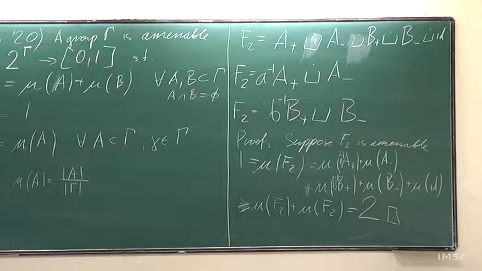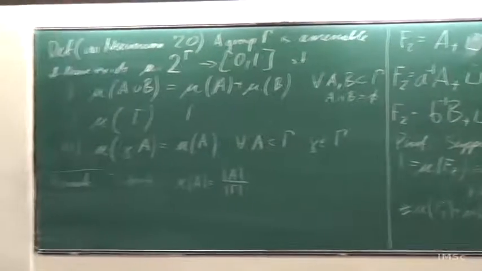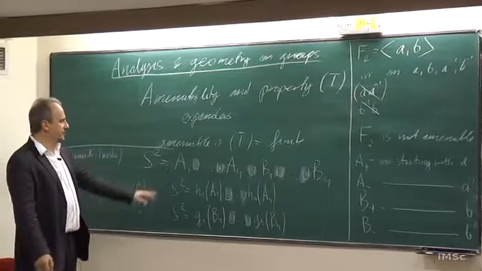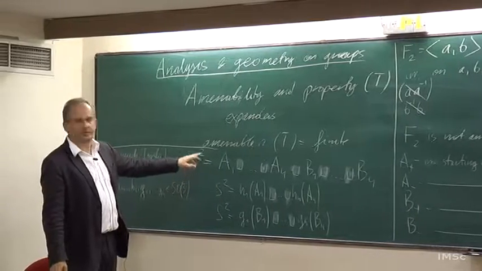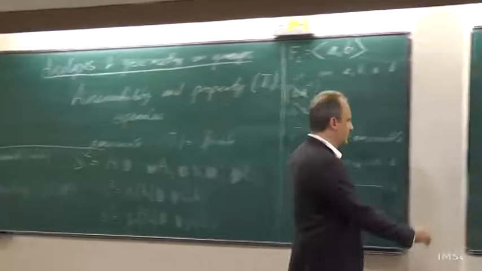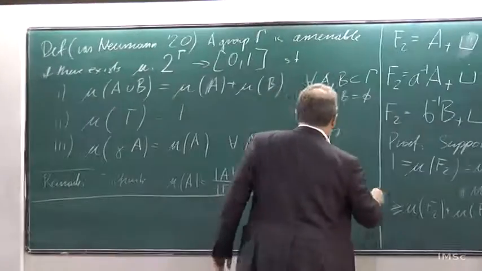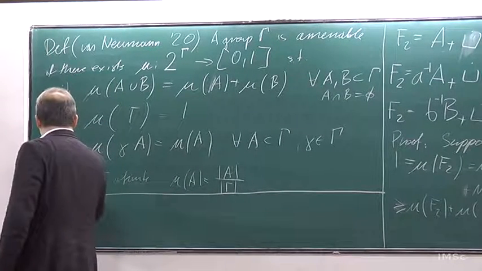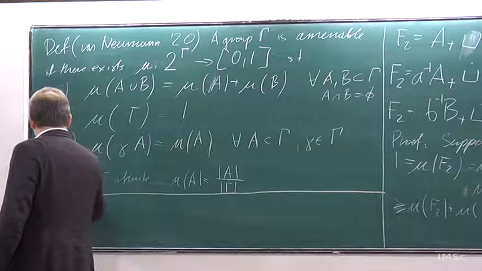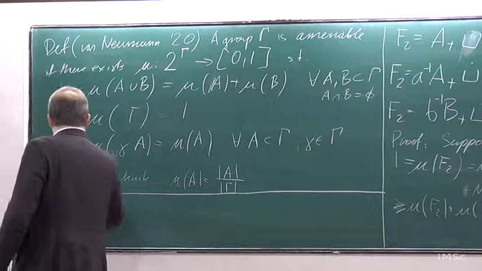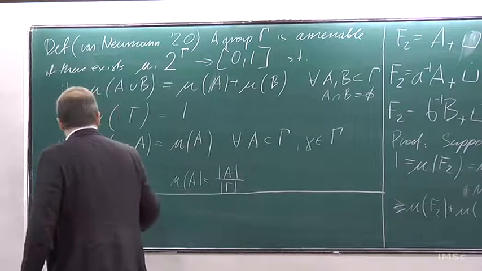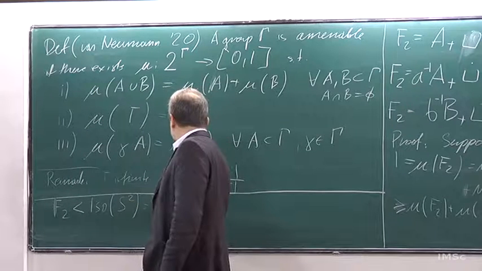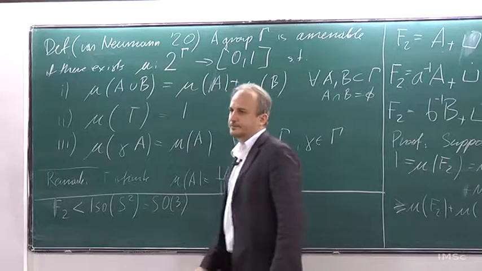Actually, this paradoxical decomposition of F2, which we just saw, is used to obtain the paradoxical decomposition of the sphere S2. The way one does it is to realize that one can find a free subgroup F2 in the group of isometries, of rotations of the two-dimensional sphere, SO3.